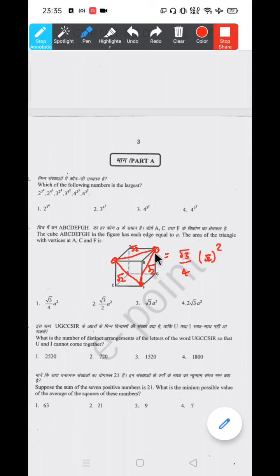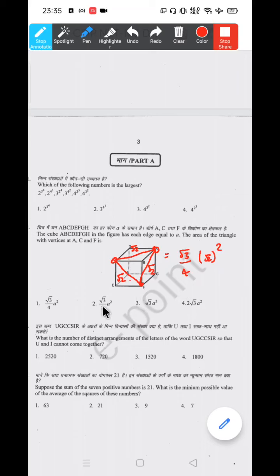Wait, here what are they saying? They have a, so that is actually not 1. I consider it as 1. Even then you can see the answer will be root 3 by 2.